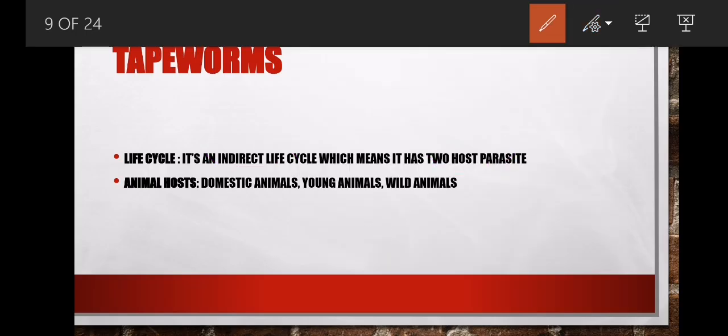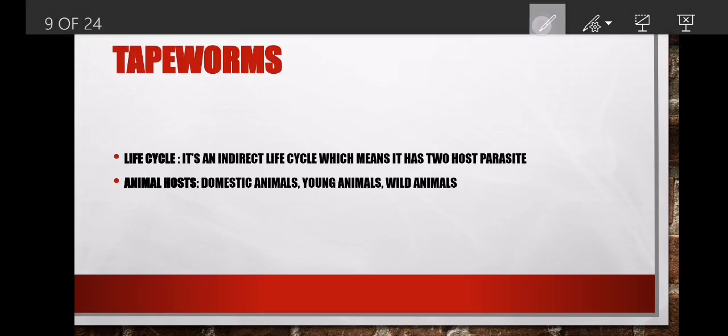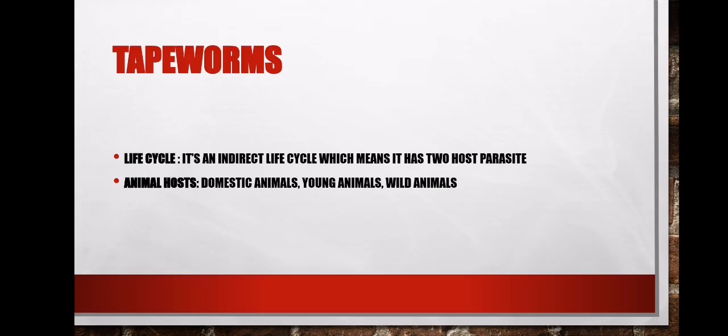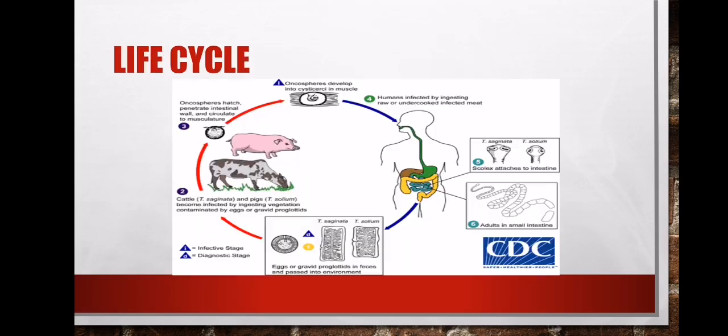Then we have the animal host, the host that they require in order for it to survive. We have the domestic animals, young animals, and wild animals. Then you have the cycle here. The cycle is simple. They may just give you in an exam, basically, classify the parasite.